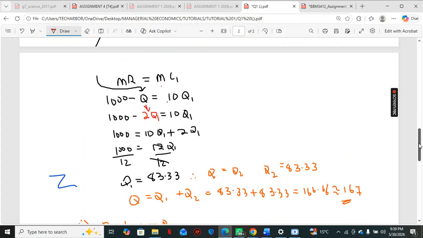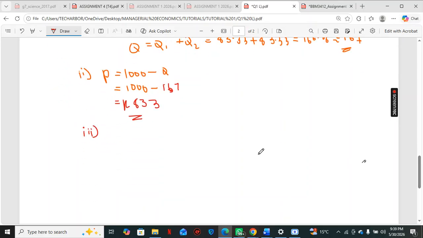So we come back first to our total revenue function. Our total revenue function was 1000q minus 0.5q squared. Because remember, colleagues, profit equals total revenue minus total cost.